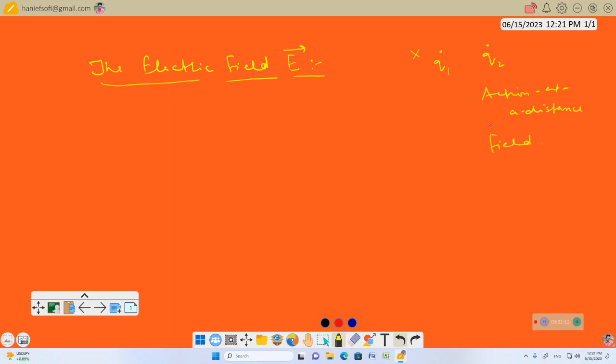Similarly, Q2 will have a field surrounding it, and in that field, if Q1 finds itself, that field will exert force on Q1. If you move Q1, Q2 will sense its movement because there will be variations in the field of Q1. Those variations will reach Q2 not instantaneously but at the speed of light.